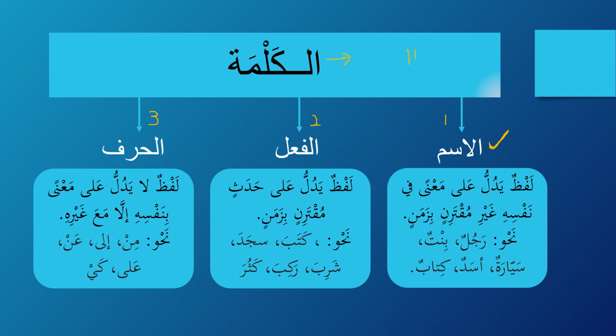Al-lafz. So they are used interchangeably. You can use kelma when you want to use lafz. You can use lafz when you want to use kelma. So they are used interchangeably. They are synonyms.